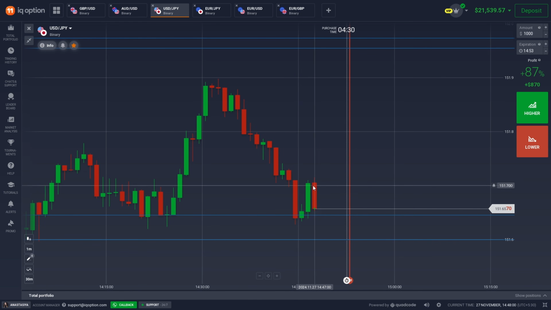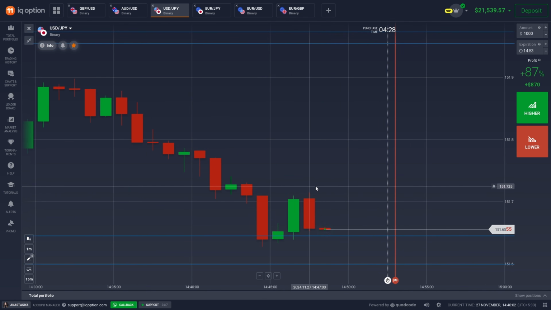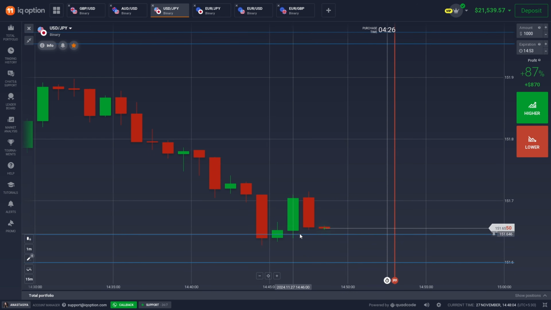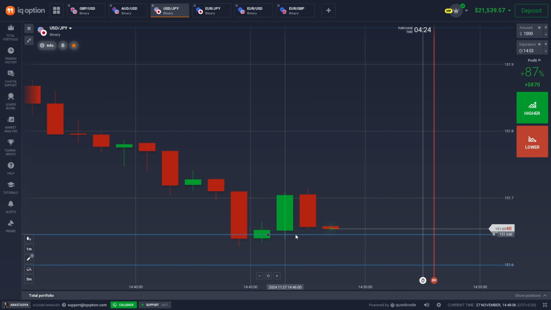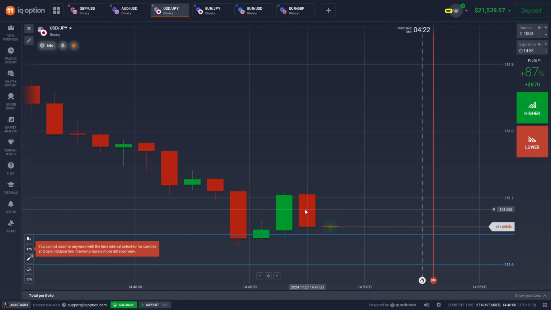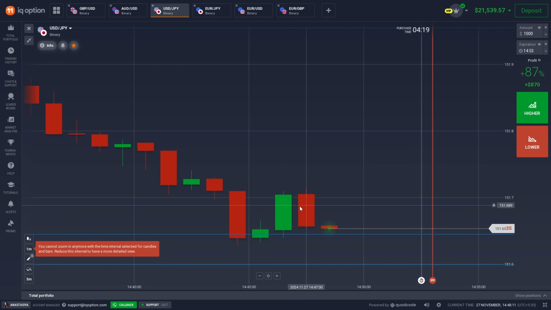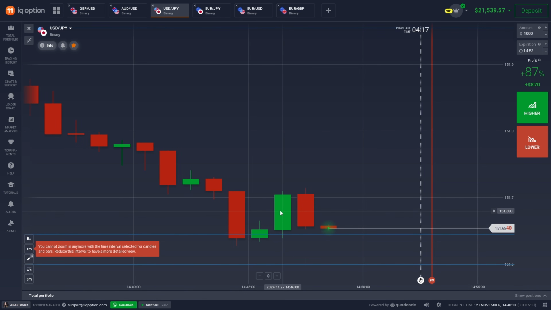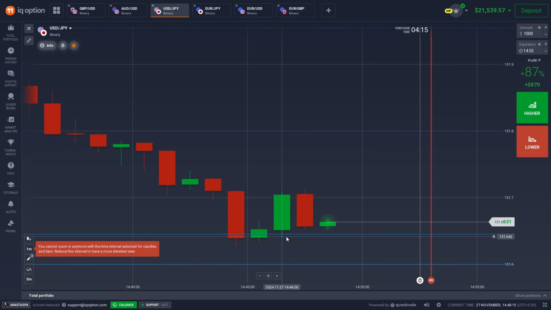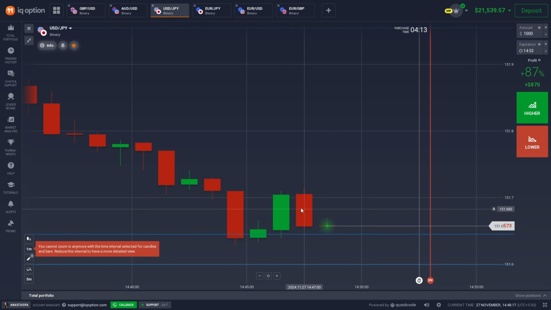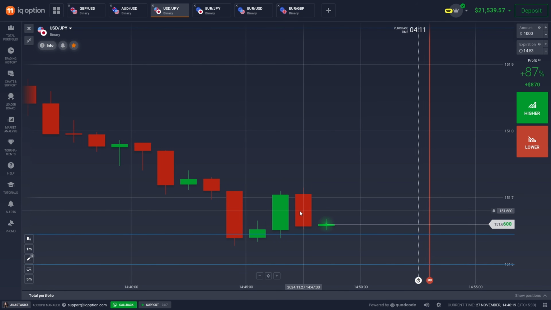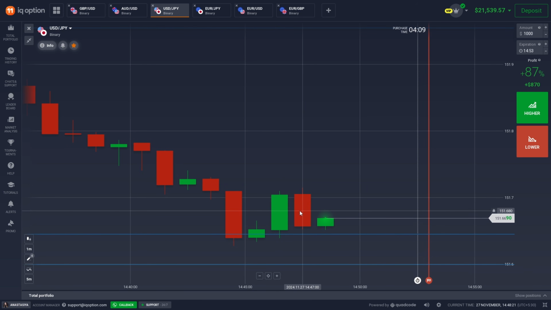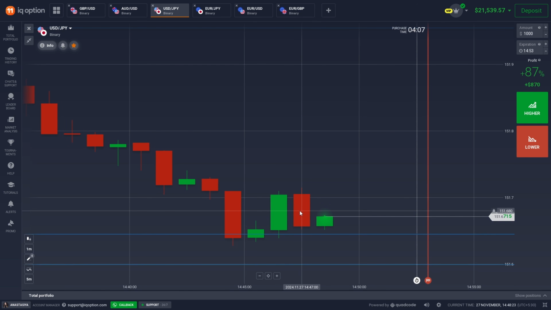So as you can see, the market is again going down. If you look carefully at these two candlesticks, what do you find? Both hold similar strength, because this candle started from here and this one started from here. Both show equal strength, which means the buyers and sellers are in equilibrium.